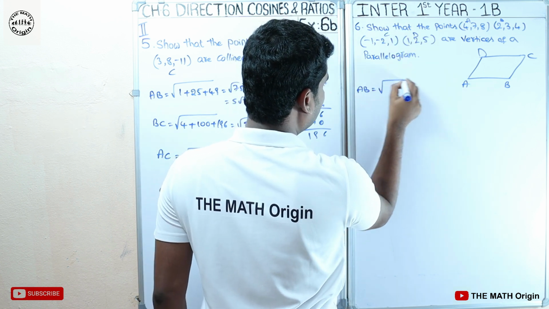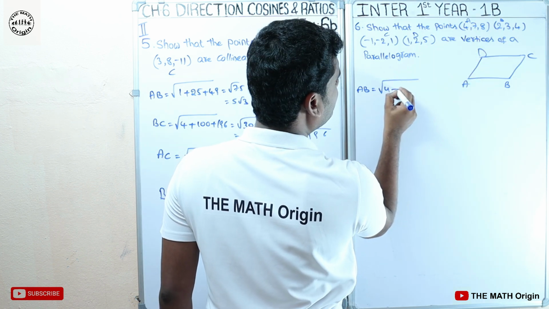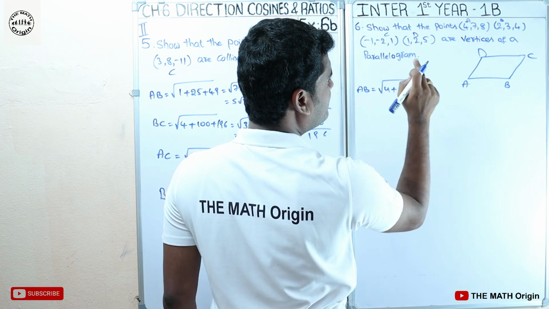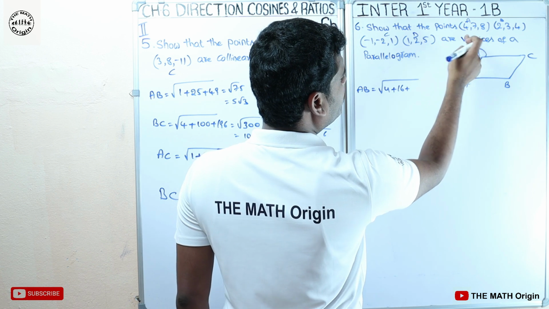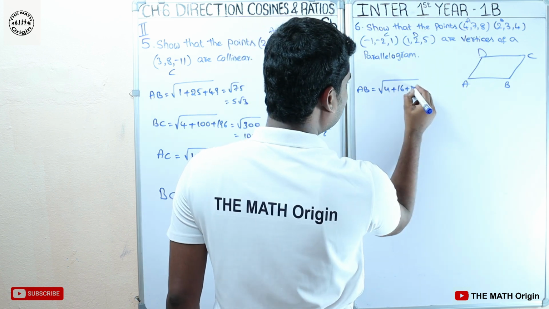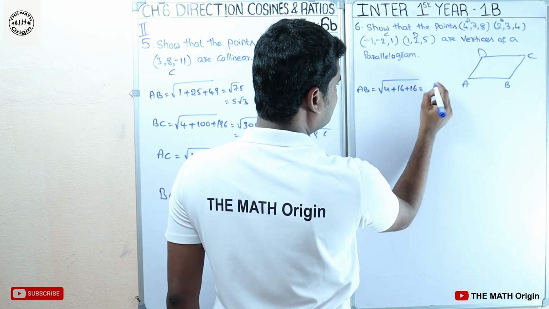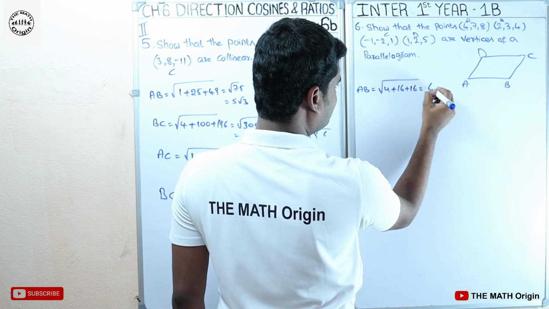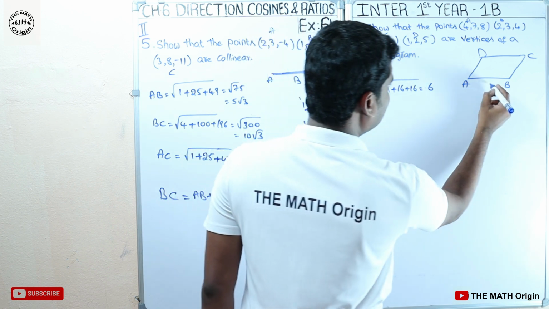AB equals root of 2 minus 4 whole square is 4, plus 3 minus 7 whole square, 4 square is 16, plus 4 minus 8 is minus 4 whole square is 16, therefore that is 36. Root 36 is 6. Now AB is done, AB is 6.